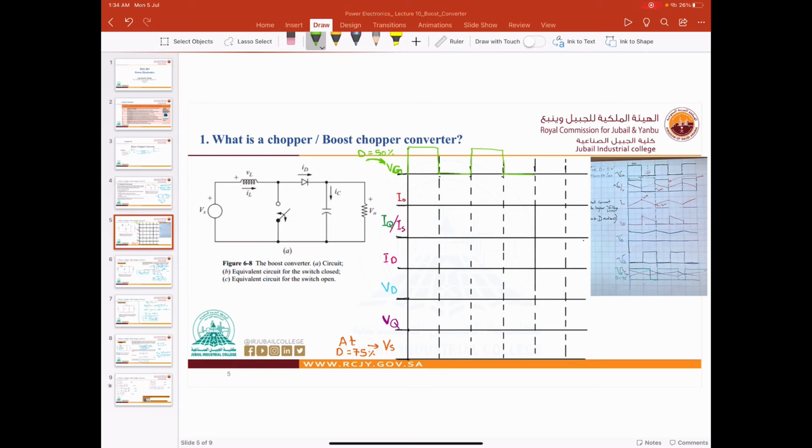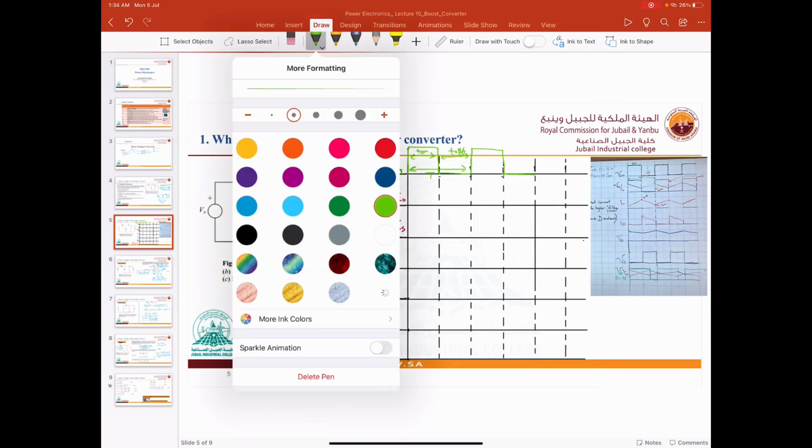So this is 1T, right? From here to here we have T. From here to here we have T on, and from here to here we have T off, right? Okay, now we need to see the output voltage, the output current. Now let us see the output current.